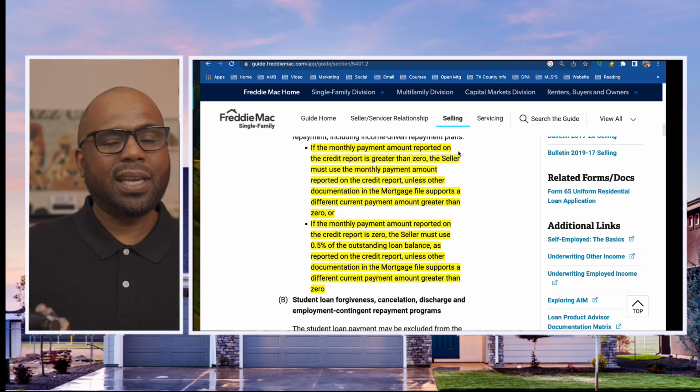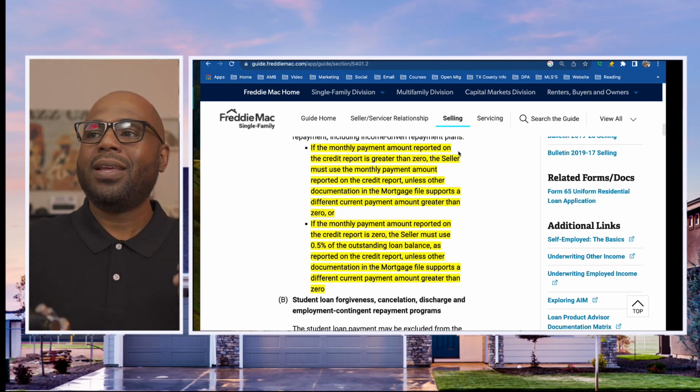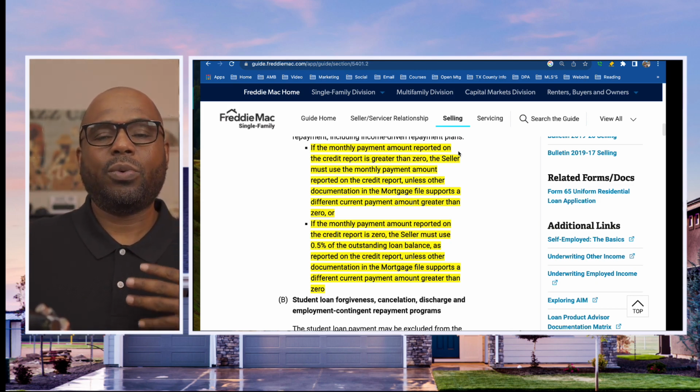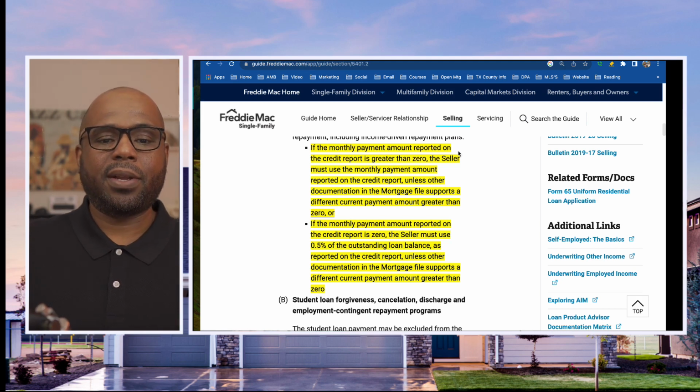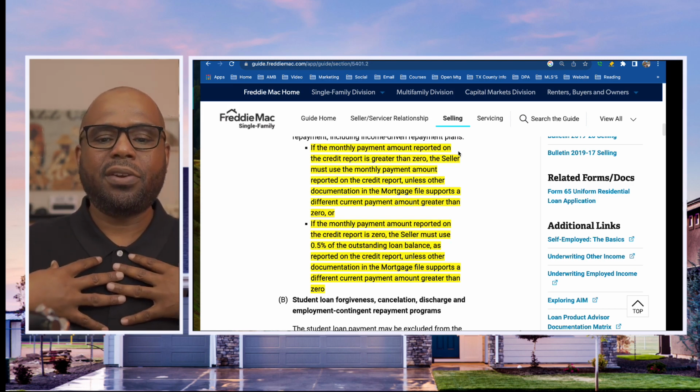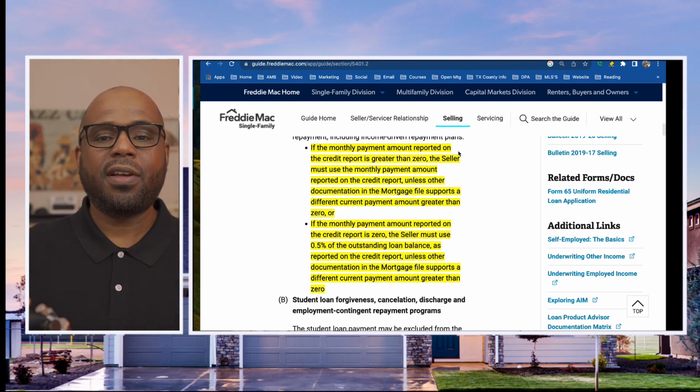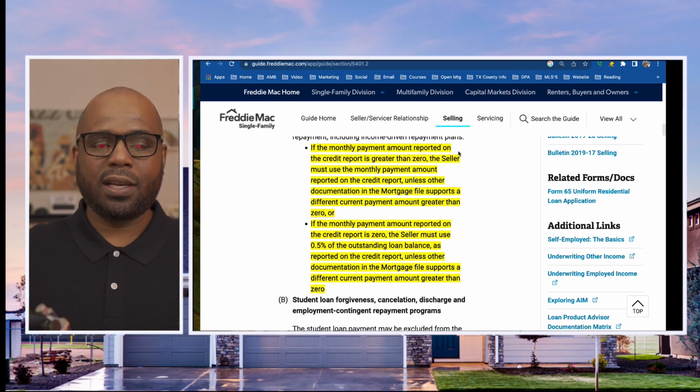That's the key. Whenever they're saying zero, you've got to have something from your servicer so we can identify what that payment amount is. Or if the payment amount reported on the credit report is zero, then the seller, that's us, the lender, must use a half of 1% of the outstanding loan balance reported on the credit report.